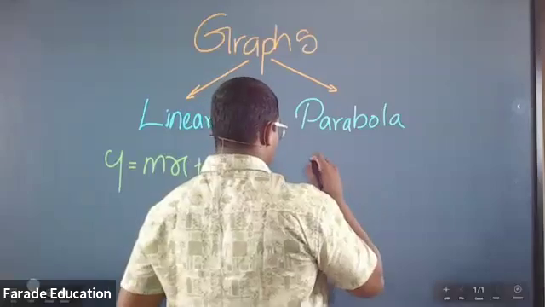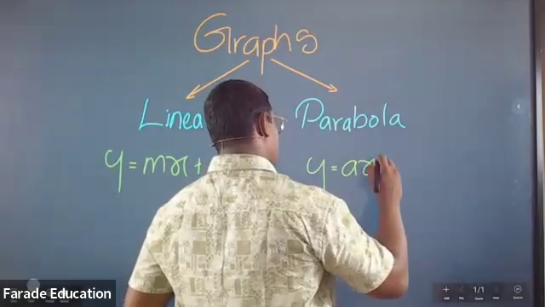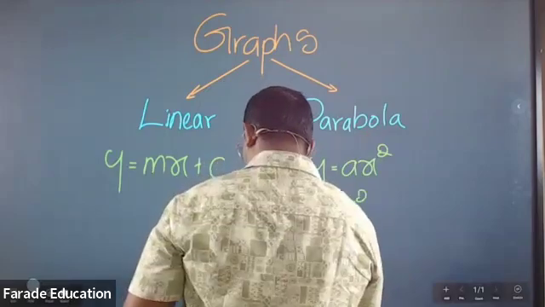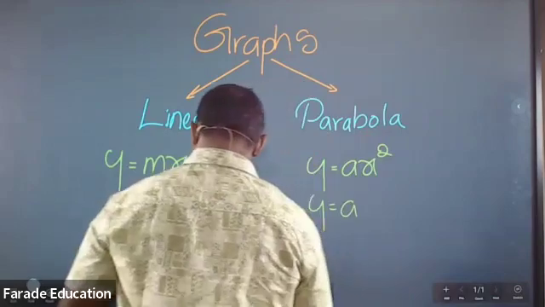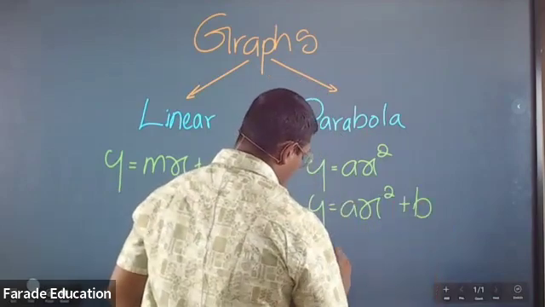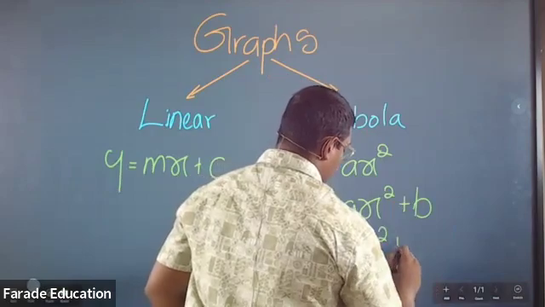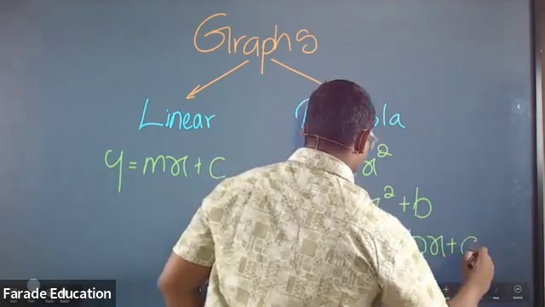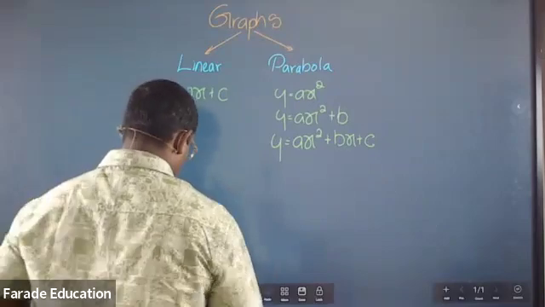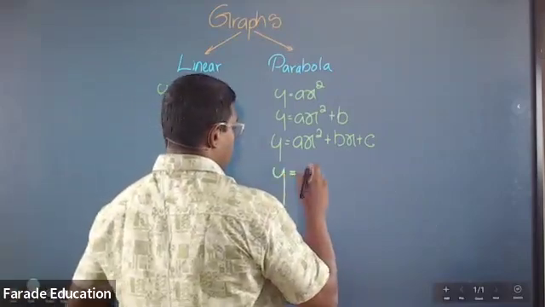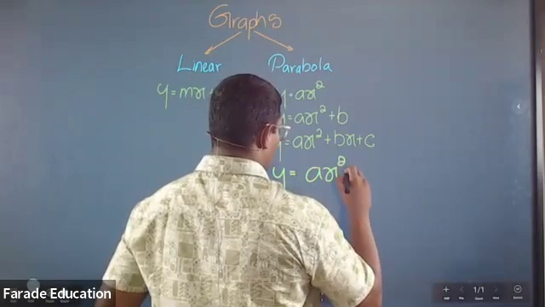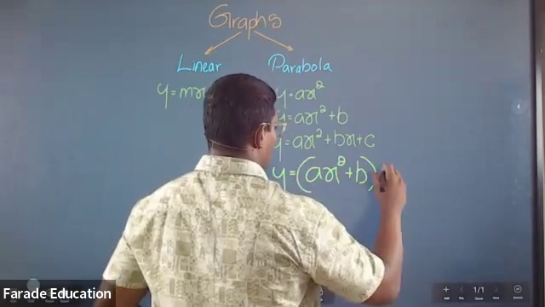Parabola graphs, we have several. y equals ax squared, y equals ax squared plus b, y equals ax squared plus bx plus c, y equals a(x squared plus b) plus or minus c.